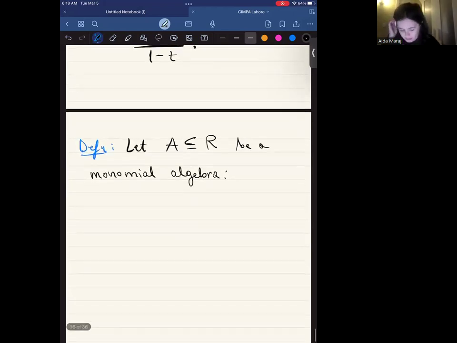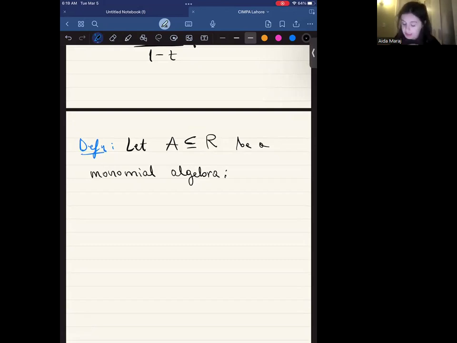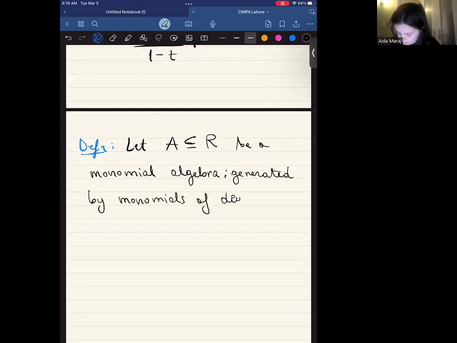Okay, and similarly, I'm going to make it more fitting. So this is a more specialized definition, more fitting to the rest of the story. So let's say it's a monomial algebra generated by monomials of degree, what did I call them? Let's say degree k.